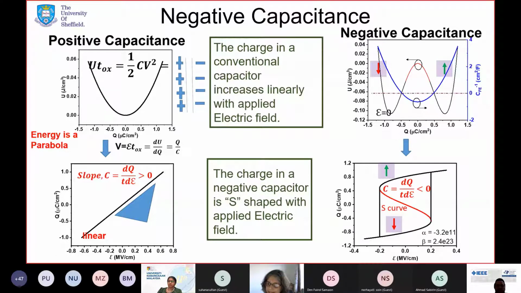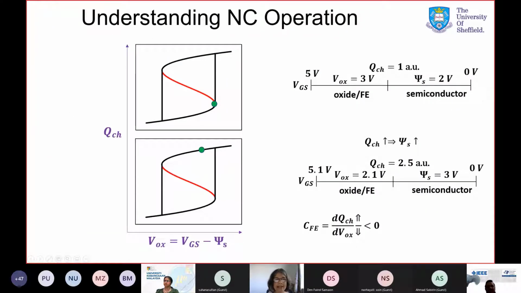But in actual practice, as you increase the electric field, the transistor will suddenly swap over to this point, and then you get a sort of hysteresis. You can see that these two states correspond to these two regions of the U versus the Q curve. So this phenomenon is known as negative capacitance.